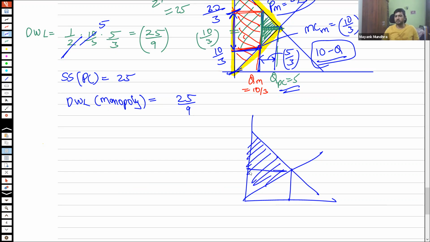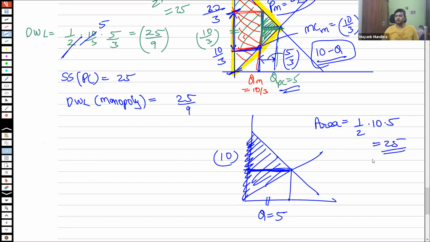Quantity gives me this height, and the base is this entire thing, which is 10. So the area is half into base into height, so half into 10 into 5. So that is 25.